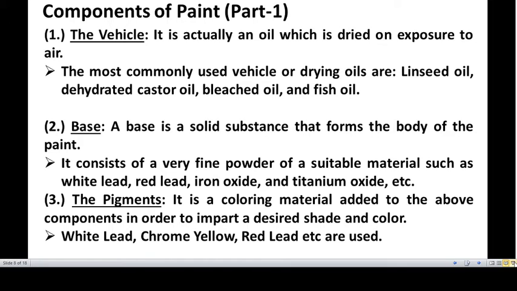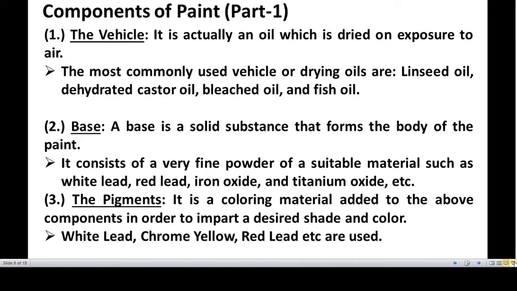The second component among the 5 is the base. It is a solid substance that forms the body of the paint. It consists of a very fine powder of a suitable material such as white lead, red lead, iron oxide, titanium oxide, and so on.